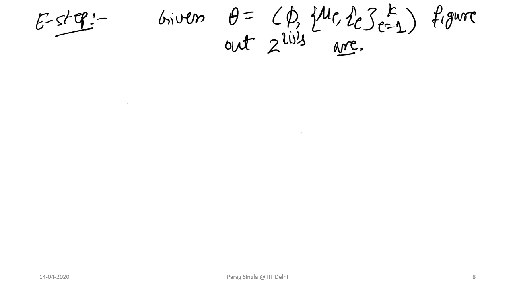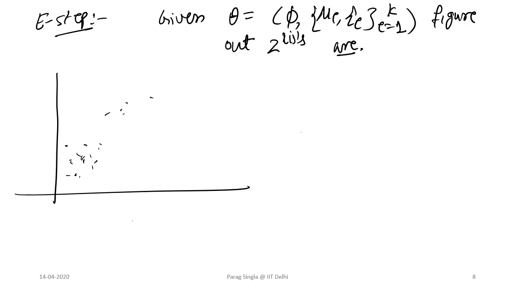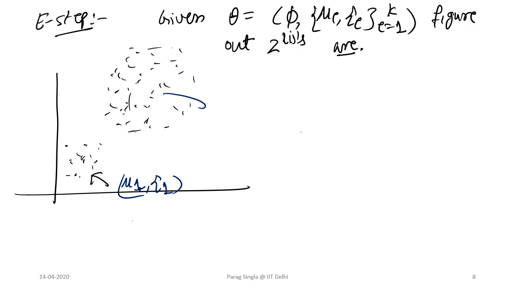This is described again by this diagram: given these parameters of the model, let's say this is cluster 1, and the corresponding parameters are given by mu1 and sigma 1, and the corresponding parameters for the other are given by mu2 and sigma 2.